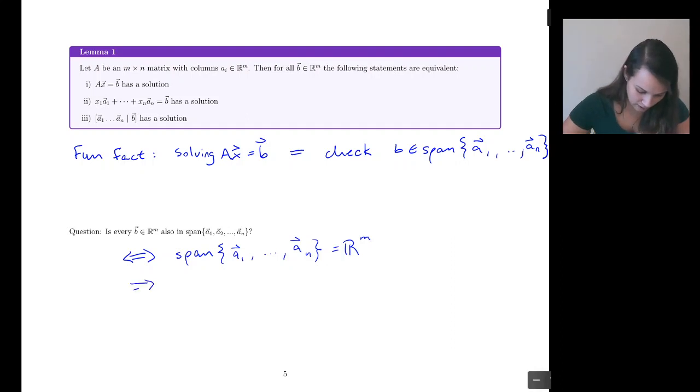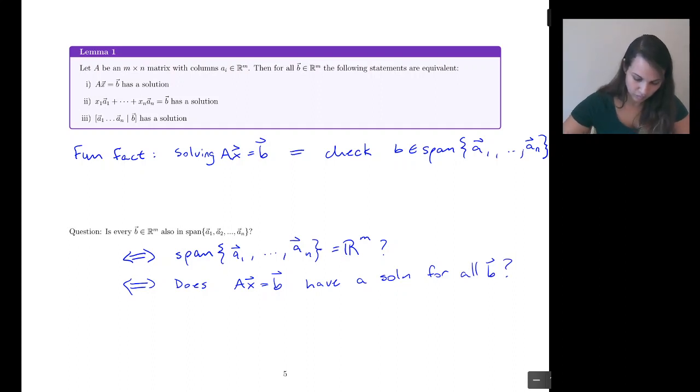And so that is equivalent to asking, does Ax equal b have a solution for all b's? And then this is the same thing as this augmented matrix.